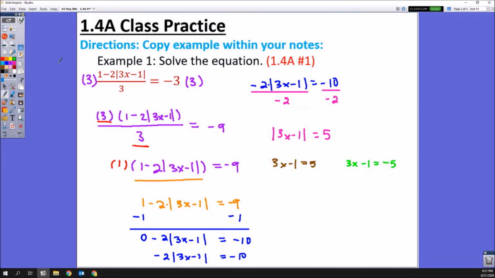So in order to solve, now let's take a look. I need to cancel out the minus 1, so I'm going to add 1 to both sides of the equal sign. And if I take a look at 3x minus 1, I need to cancel out this one too. So I'm going to do the same thing on both sides.